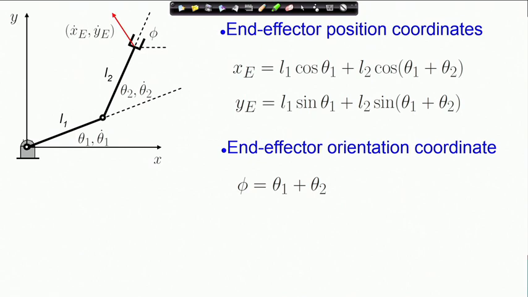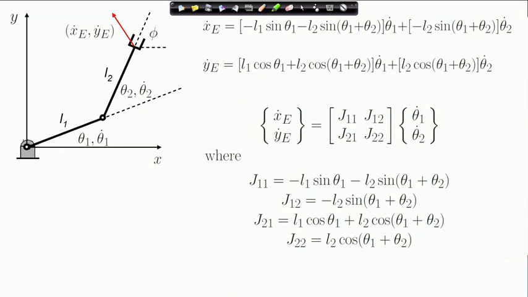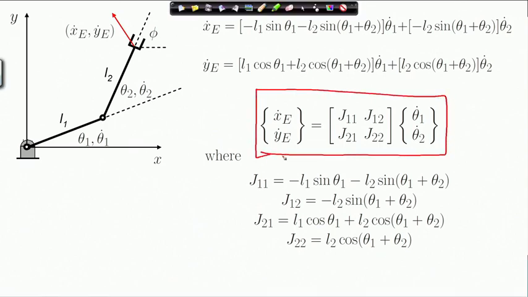So, let us review what we had discussed in the velocity analysis problem. We were given the displacement relations, then differentiating the displacement relations we arrived at the velocity relation, the input output velocity relation.